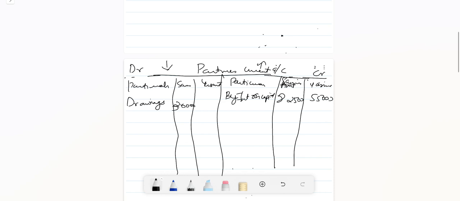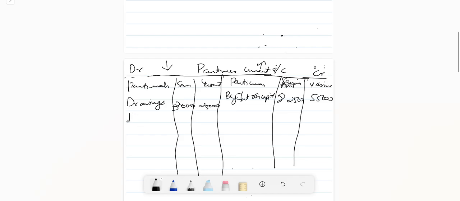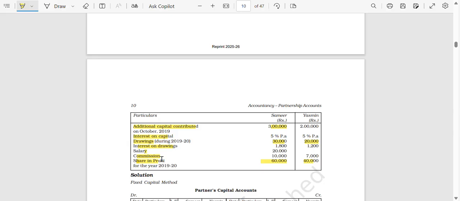Interest on drawings also on the debit side. 1,800 and 1,200.